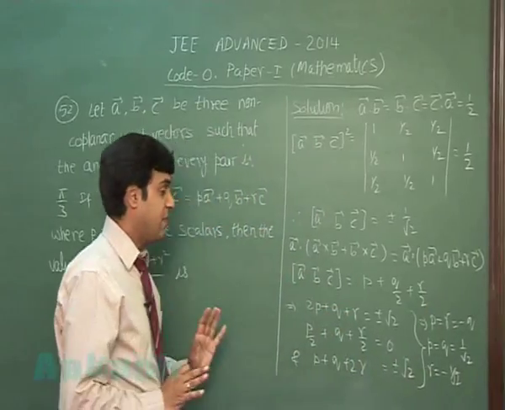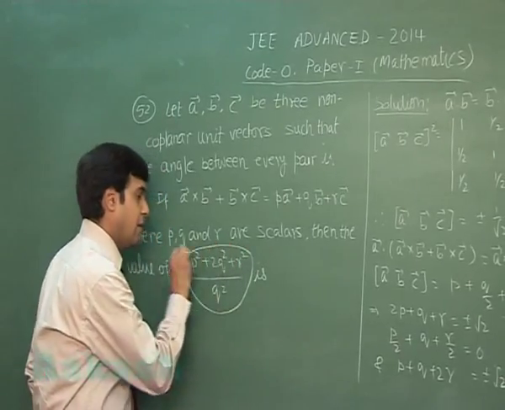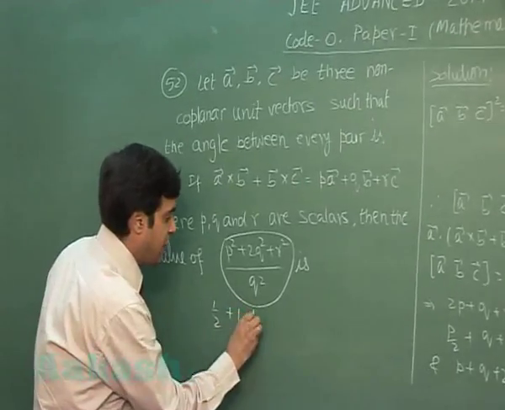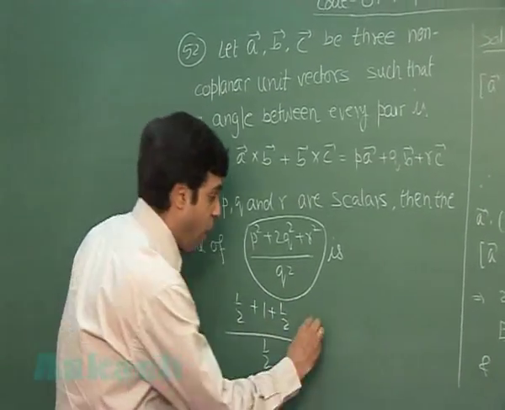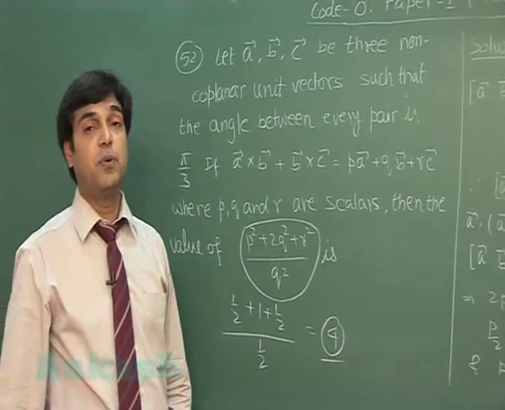Now substitute these values for P, Q, R in this expression. It gives me 1 by 2 plus 1 plus 1 by 2 divided by 1 by 2, or 4. So result for this question is 4. Let's move to the next one.